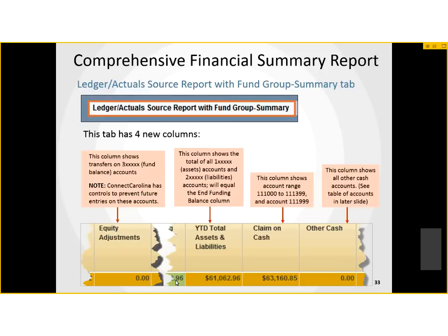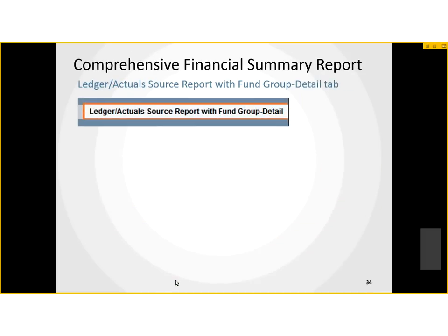Those are your claim on cash accounts. All your other cash accounts are, you guessed it, other cash. There's a table in your release notes that were emailed out to you yesterday, and also further on in this webinar, that will show you what actually makes up that column. So we have some detail on that for you.